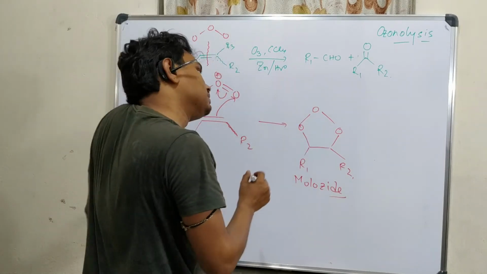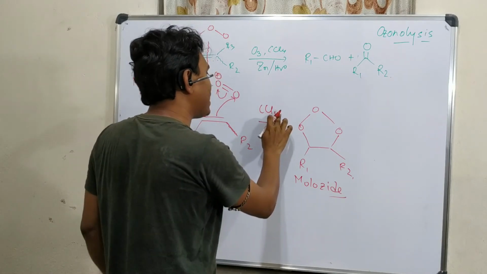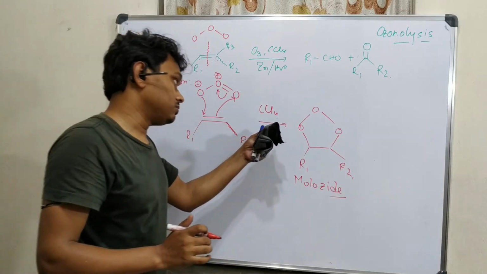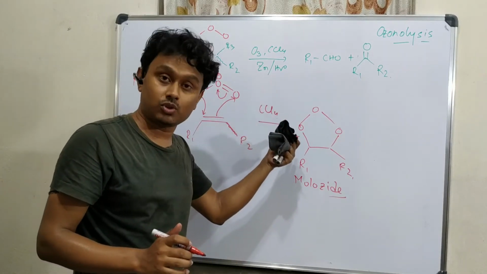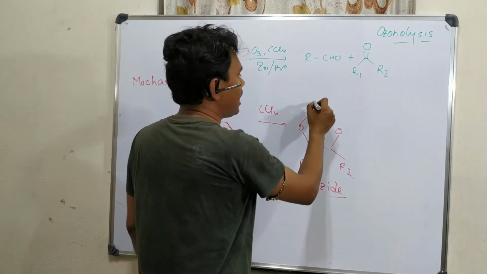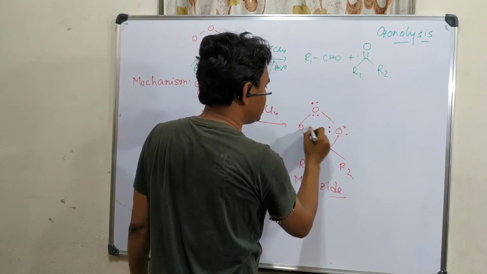Okay, molozonide. Then ozone, CCl4. And why is CCl4 generally preferred? Because ozone prefers to dissolve in a non-polar solvent, and it doesn't react with a non-polar solvent like carbon tetrachloride. That's why this solvent is preferred. Now you can see in this compound, three oxygens are attached to each other.